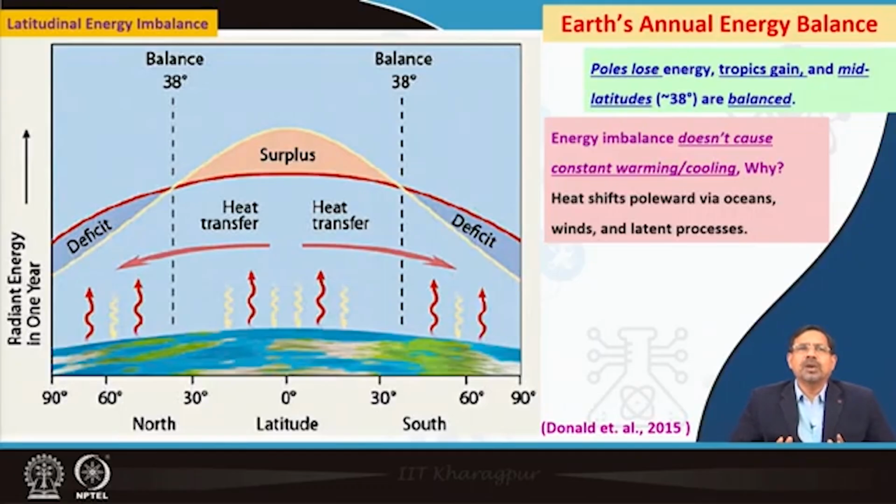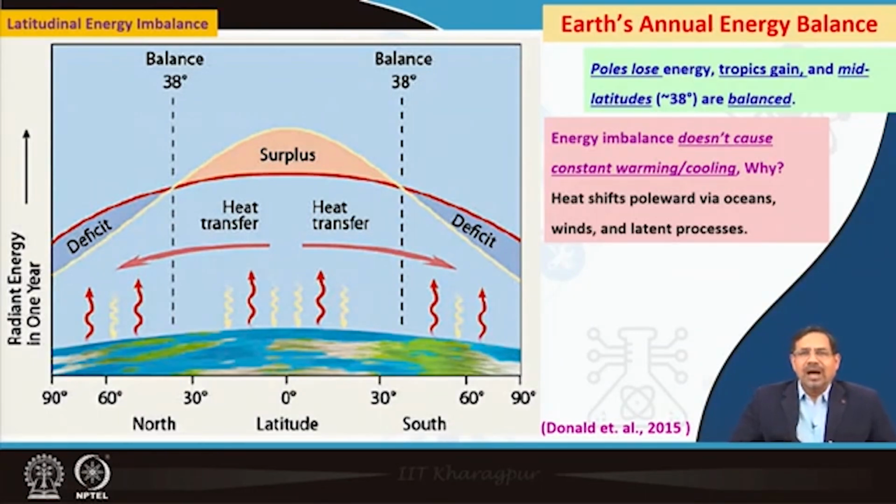So, we have a surplus of radiant energy received over our surface, and a balance exactly at 38 degrees both in the northern and the southern hemisphere, and then there is a deficit beyond that. There is a deficit beyond 38 degree latitude in both hemispheres.